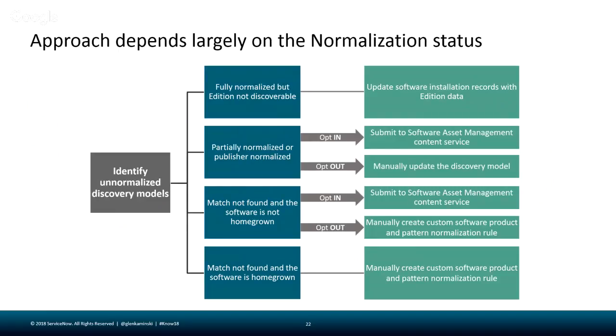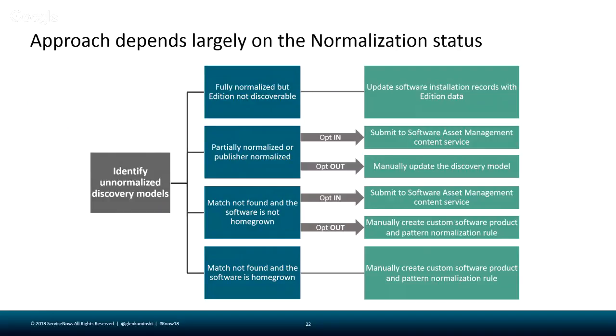So what is the approach to take when focusing on software discovery models that have a normalization status? That's really the status that is assigned by software asset management based on the extent to which the discovered data, the raw discovered data, is matched to the central content library.